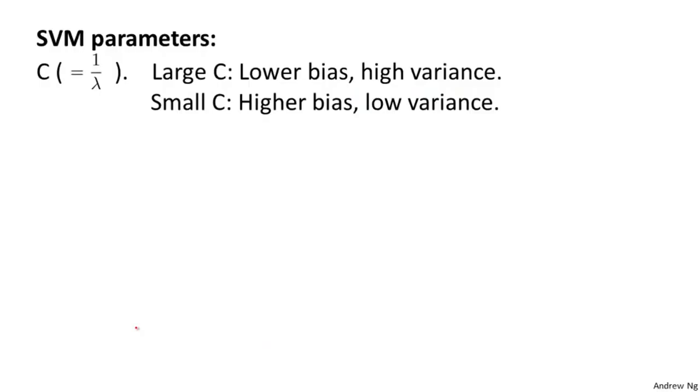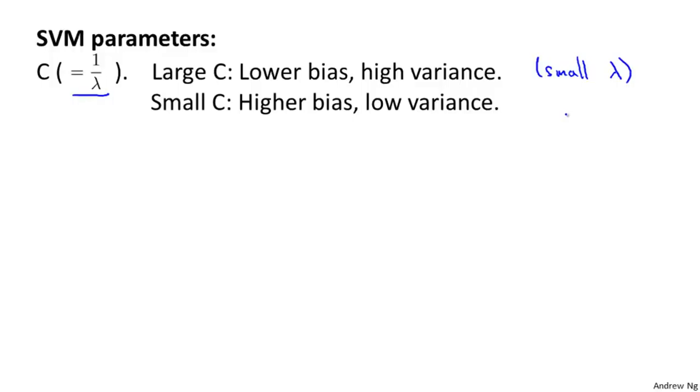When using an SVM, one of the things you need to choose is the parameter C, which was in our optimization objective. You recall that C played a role similar to 1 over lambda, where lambda was the regularization parameter we had for logistic regression. So if you have a large value of C, this corresponds to a small value of lambda in logistic regression, meaning not using much regularization.